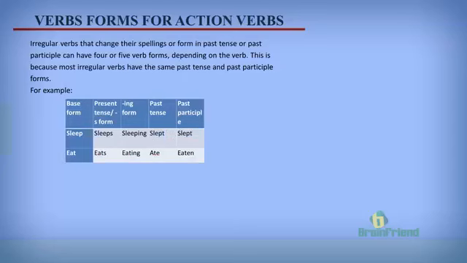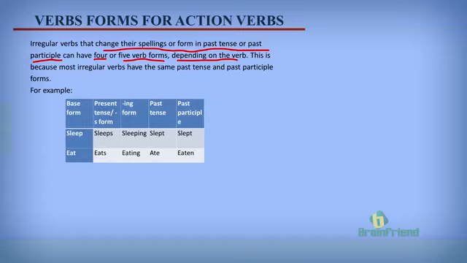Now, most other irregular verbs change their spellings or form in the past tense or past participle. This kind of verbs can have 4 or 5 verb forms depending on the verb. We are saying that most irregular verbs change their spellings or change their forms.